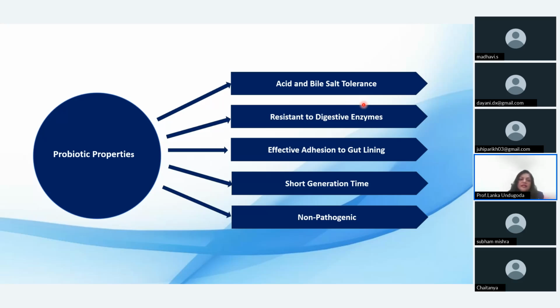The reason for that is, if you define an organism under the probiotic characteristics, they should have acid tolerance, bile salt tolerance, and they have to resist digestive enzymes. Why? With all the foods and probiotic microorganisms entering the body, there are a lot of enzymatic conditions in your digestive tract.